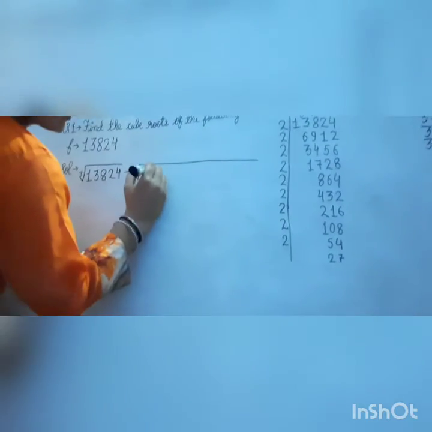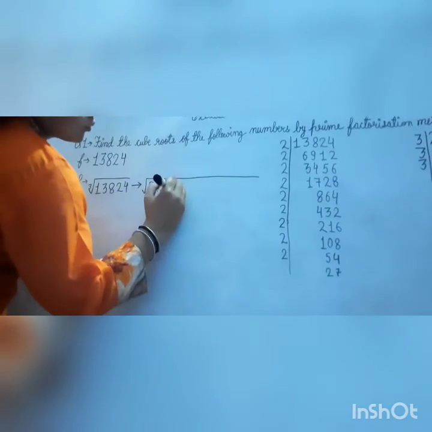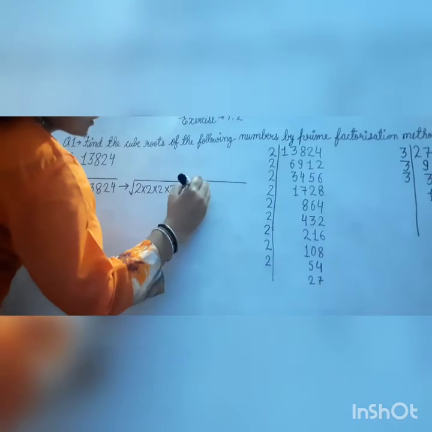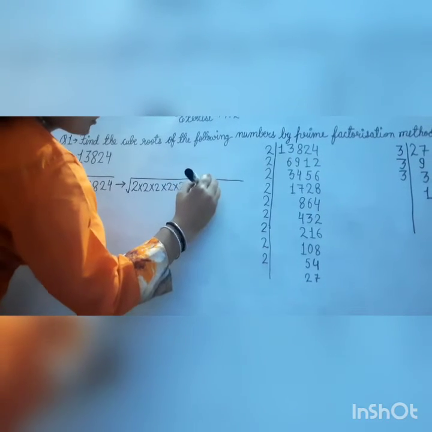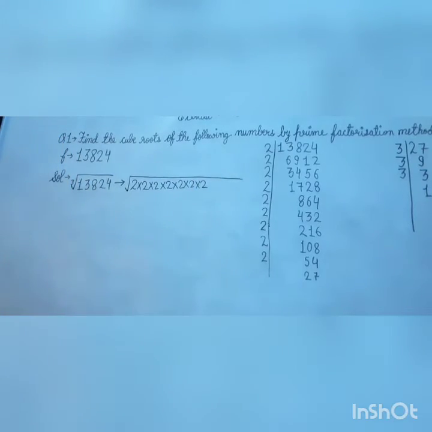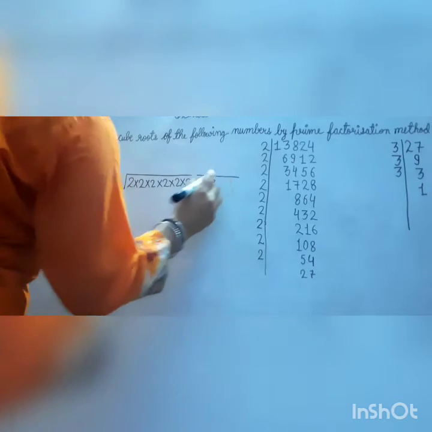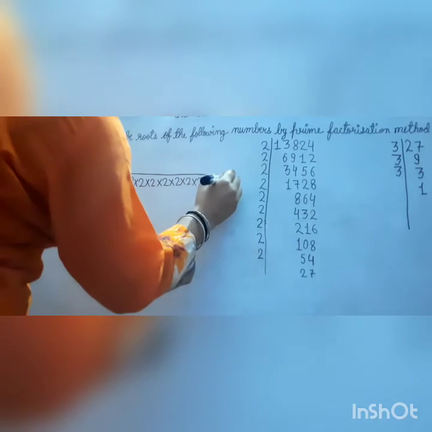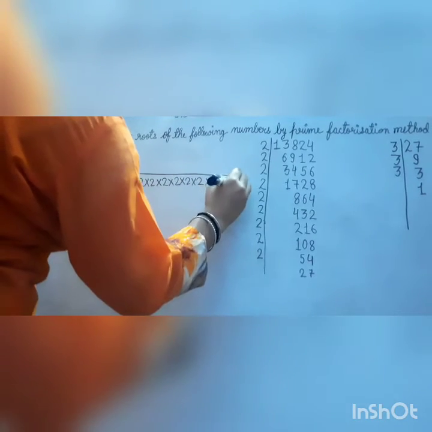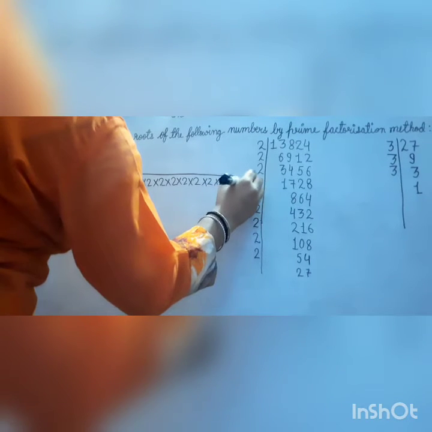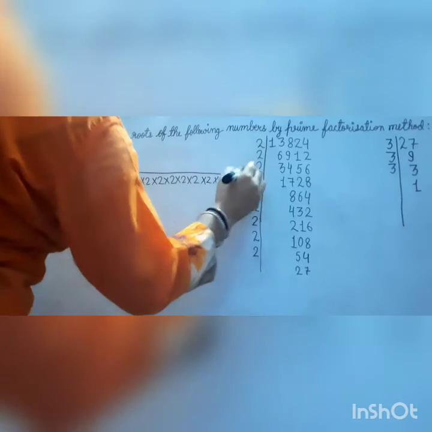You have to write this number here. 2 multiply 2 multiply 2 multiply 2 multiply 2 multiply 2 multiply 2 multiply 2 multiply 2 multiply 3 multiply 3 multiply 3.